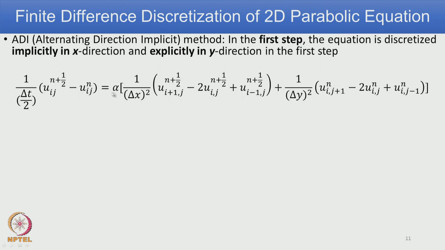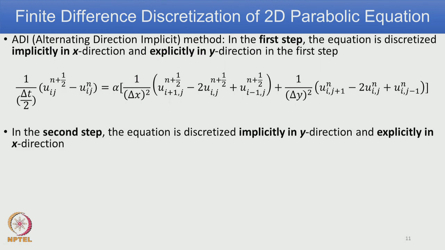Now, once you solve this equation, the quantity that becomes known is u of i comma j at n plus half. In the second step, the equation is discretized and it is implicit in y direction, explicit in x direction. So, we switch implicit and explicit directions.